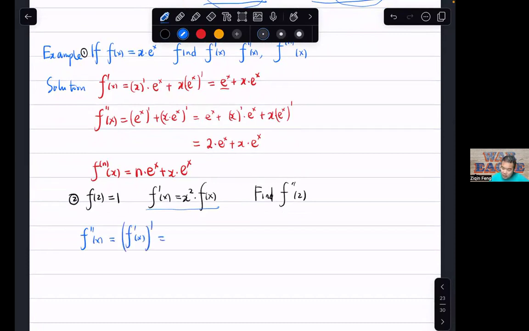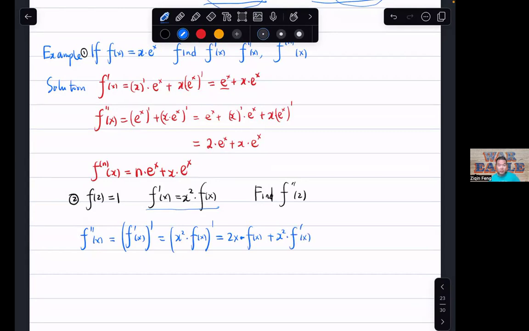So which is x squared times f of x prime, right? And then we can apply our product rule. First factor is x squared, second factor is f of x. So just apply the rule step by step, you get 2x times f of x plus x squared times f prime of x. But we do not know what is f prime of 2.